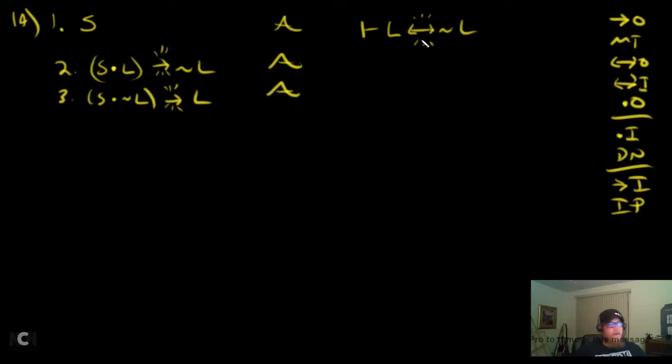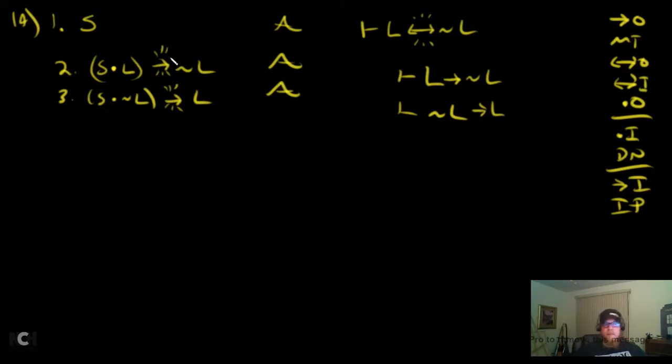If our goal is a double arrow, we know the last move is probably going to be a double arrow in. In fact, it will be. So what two things would we need to make that happen? We would need L arrow squiggle L, and squiggle L arrow L. Do we have either one of those right now? We don't. But that's what we need.